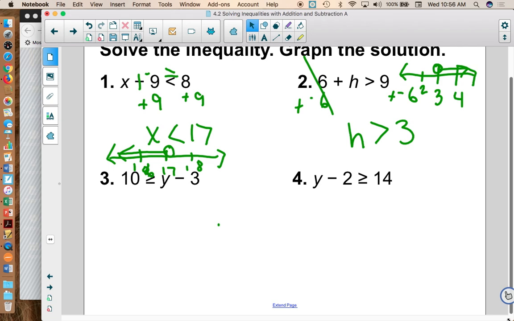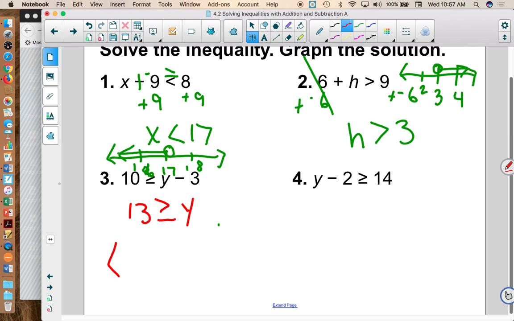All right. How many of you got the solution 13 is greater than or equal to y? Did you get 13 is greater than or equal to y? Yes. Okay. Now here's what I saw on the trick. It wants to trip you up, folks. There's 13, 14, 12.